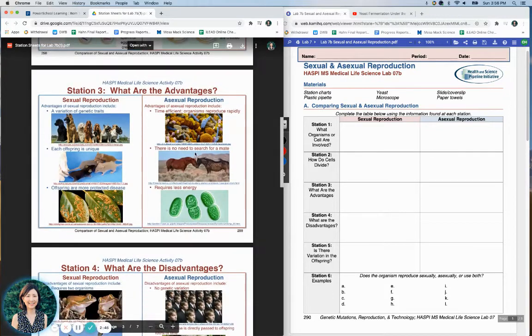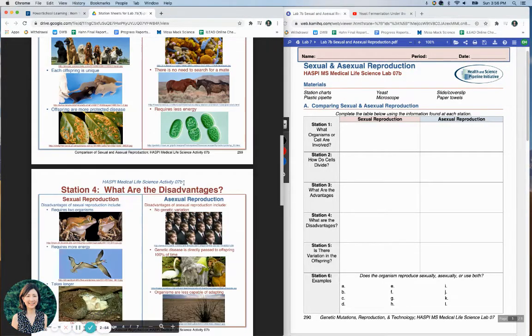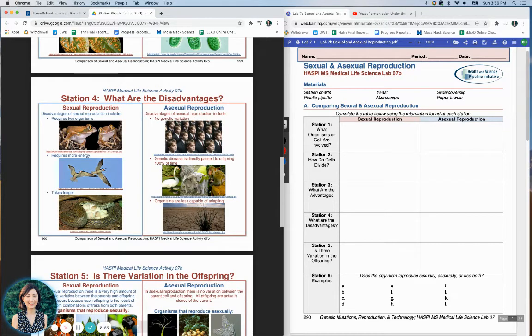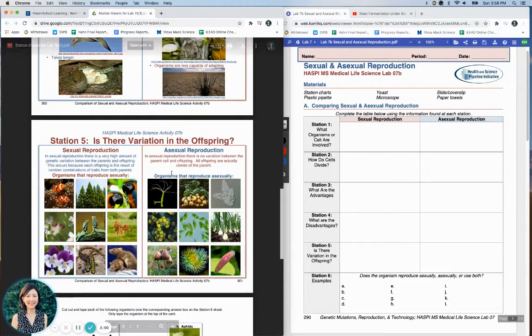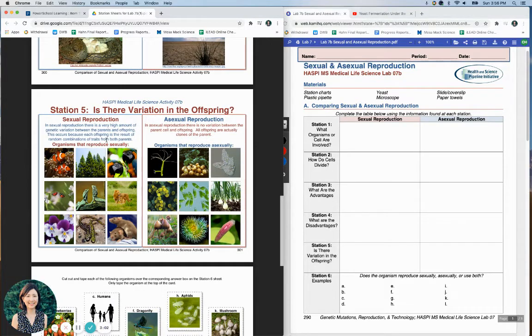In station 3, you can write in the advantages of sexual reproduction and the advantages of asexual reproduction. And then in station 4, you look at the disadvantages of each. In station 5, you're going to be looking at whether there's variation or no variation. Variation would be that the offspring aren't identical to the parents.